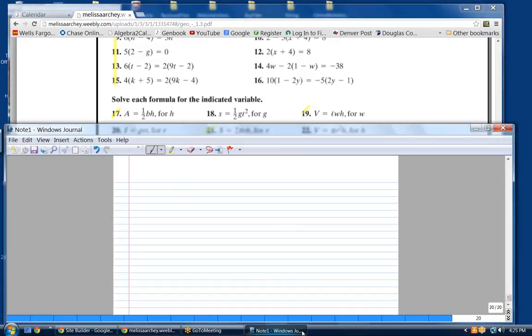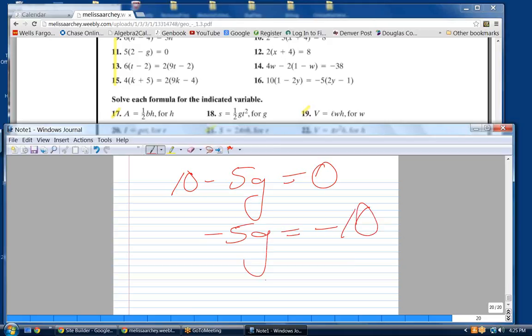Number 11. What's the next line? 10 minus 5G equals 0. And the next line? So negative 5G equals negative 10.